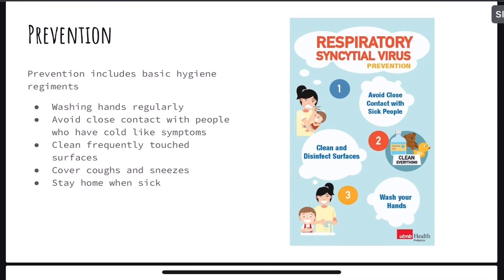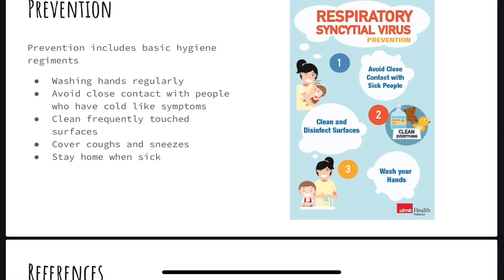General prevention that has been noted in order to try to decrease the cases of RSV are general hygiene tips. So it would be washing hands regularly, avoiding close contact with people who have cold-like symptoms or who are coughing and sneezing a lot, cleaning frequently touched surfaces that may have been infected with RSV or, in general, any other pathogen that is spread through the air, with sneezing and coughing, as well as hygiene for yourself, covering your coughs and sneezes to be helpful for yourself as well as the people who are around you.